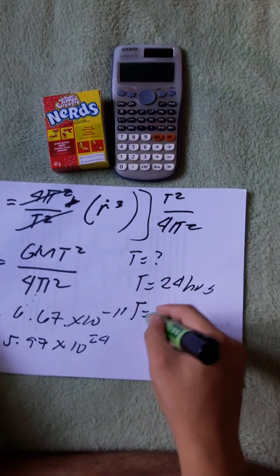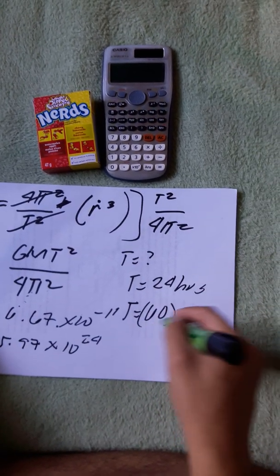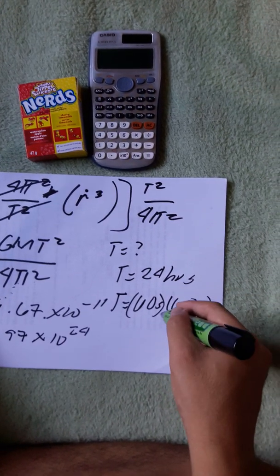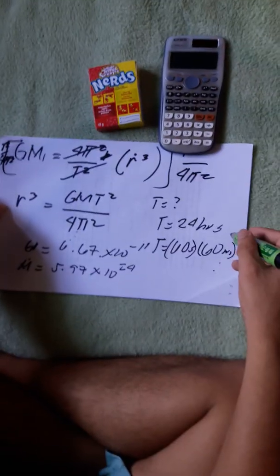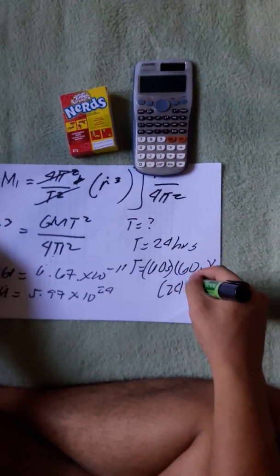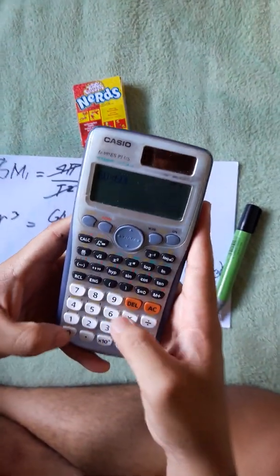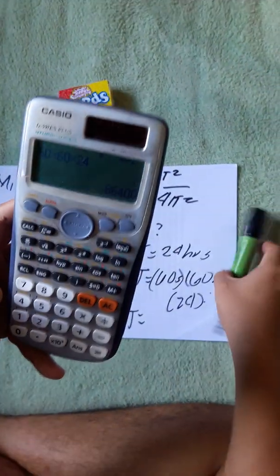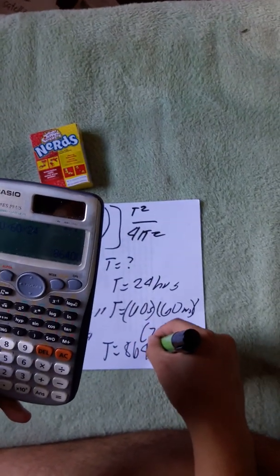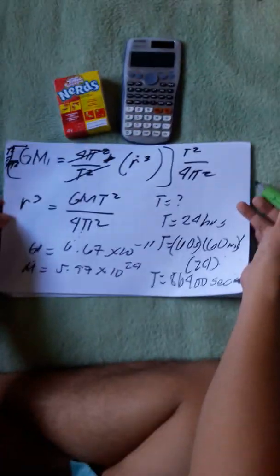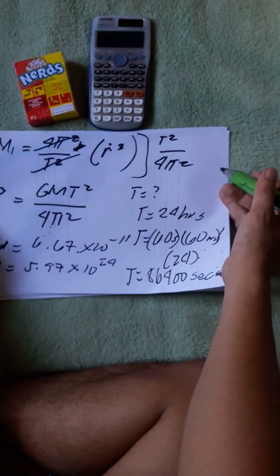We have 60 seconds times 60 minutes times 24. So T is just equal to 60 times 60 times 24. So we have 8,600 seconds. So we have all the constants we need.